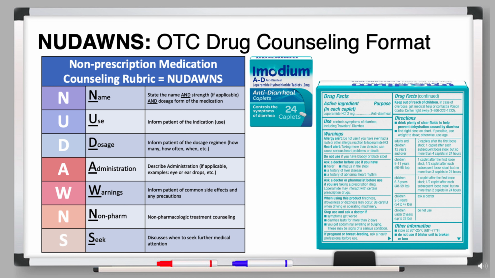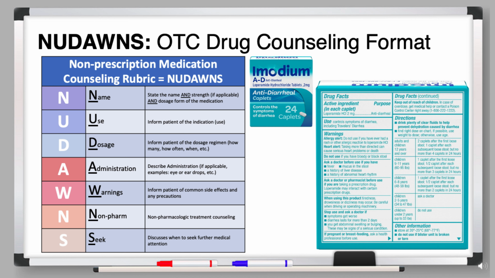It's an acronym that stands for N for name, U for the use, D for dosage, A for administration, W for the warning section, N for non-pharmacologic or non-drug treatments, and S for when to seek medical attention. If you can remember the NUDAWNS, then hopefully you can remember the topics and the organization that can effectively help counsel a patient on this product.